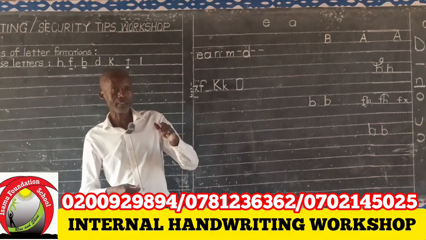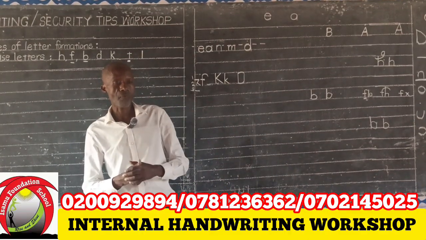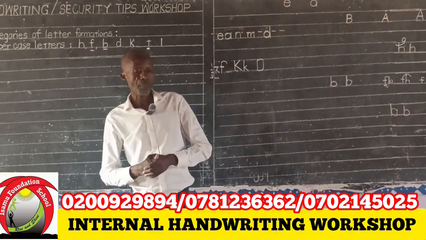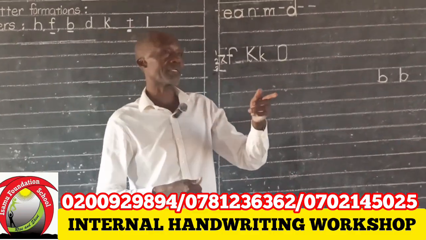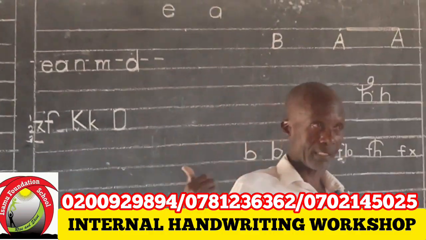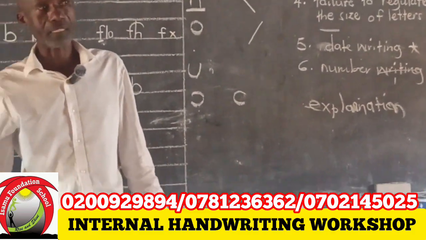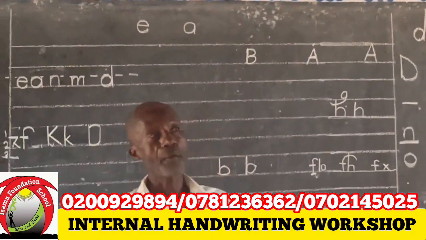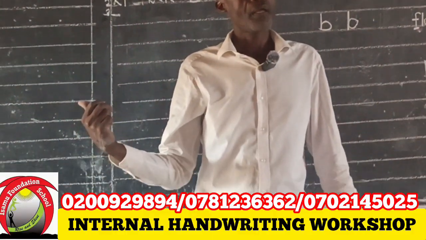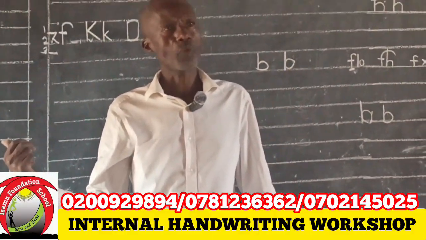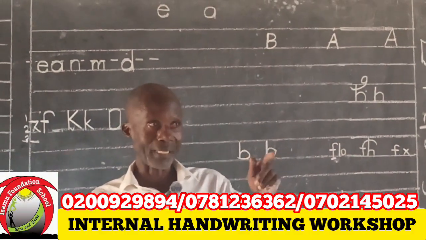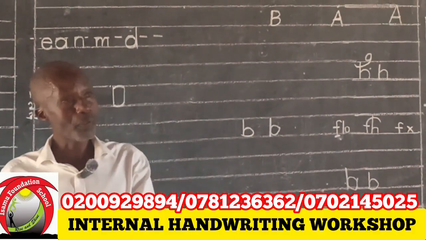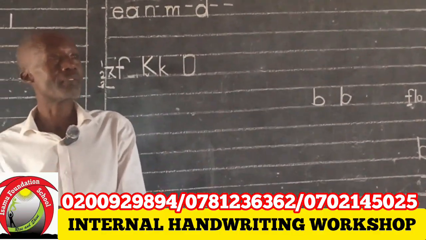One, to emphasize that handwriting has levels. Two, I want to give you a case study, like Homes Darling, where I was once a staff. They have handwriting books for P1 up to primary 3, and they have handwriting books from P4 to P7.